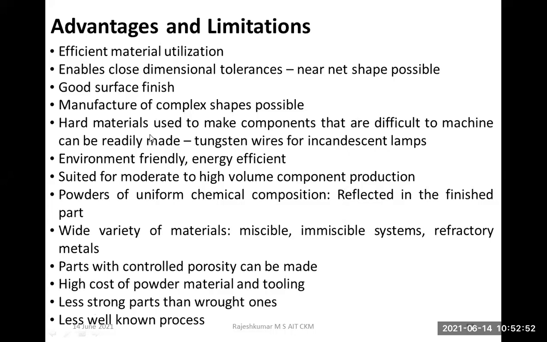It is suitable for moderate to high volume components, which can be produced at reduced cost. Components of hard materials which are difficult to machine can easily be manufactured. It is possible to produce components that are energy efficient and environmentally friendly, and suitable for moderate and high volume powders of uniform chemical composition. It can be reflected in the finished part.